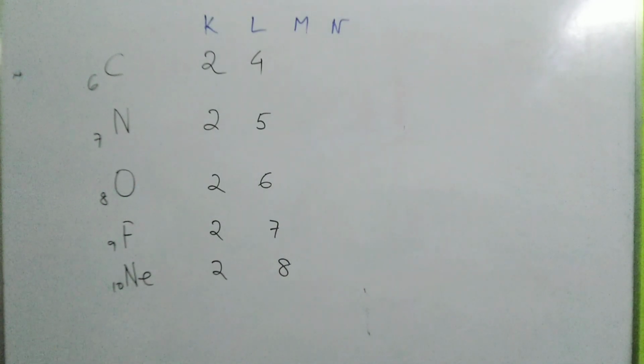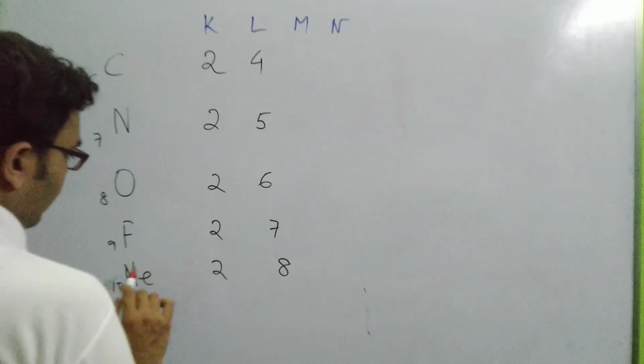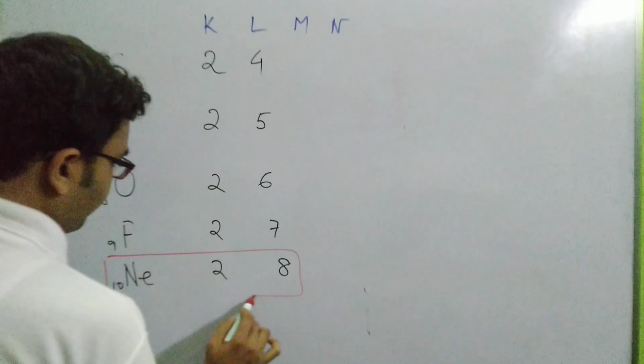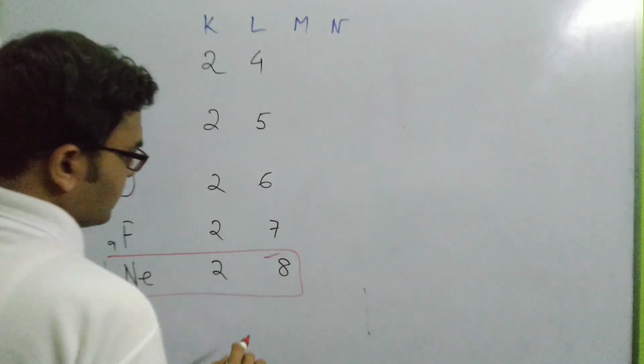So if I see this chart, you can see that carbon has 4 electrons in its last shell, nitrogen has 5, oxygen 6, fluorine 7, then neon has 8. So again I will be marking the element neon. See, this element has 8 electrons in the last shell, isn't it?